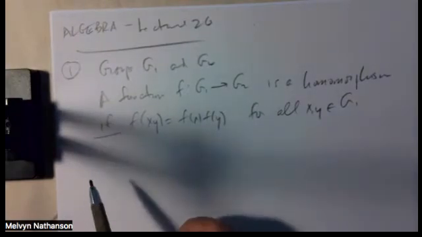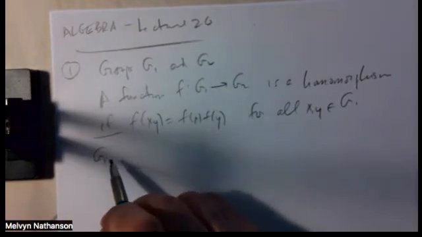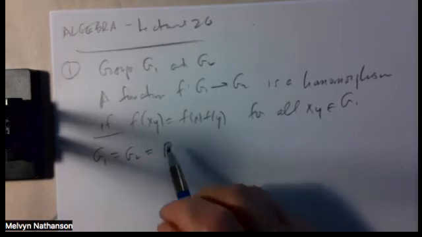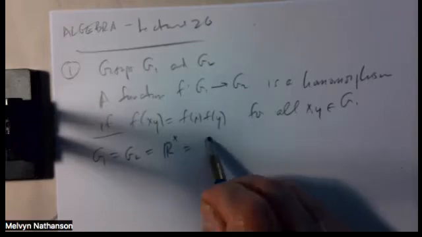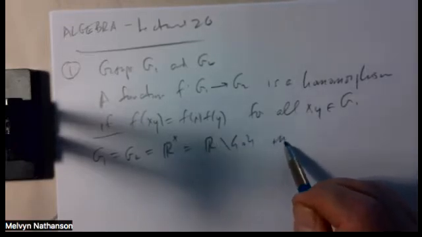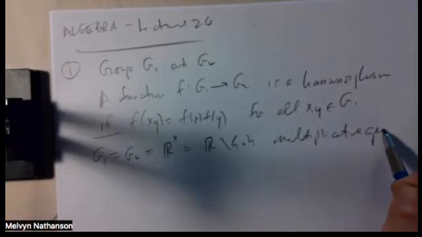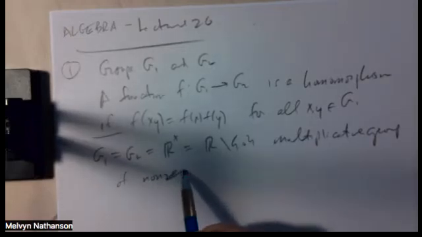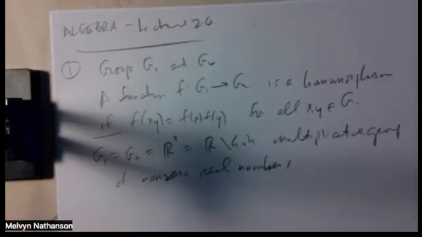And in this problem, we have the group G1 and the group G2 both equal to R star. This is R, all the real numbers without zero. That is the multiplicative group of non-zero, positive and negative, but non-zero real numbers.